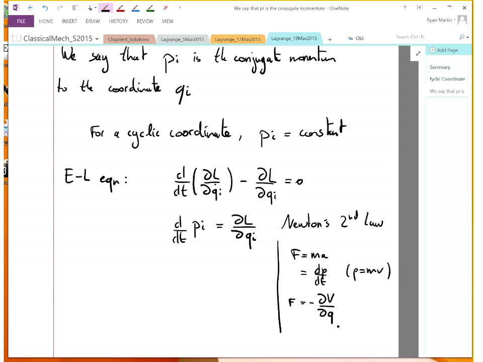So in this very specific case, since L equals T minus V, ∂T/∂q is usually 0, so ∂L/∂q is typically minus ∂V/∂q. And that's typically the force that you get from the potential. So the Euler-Lagrange equation, if we write it as such, you can see Newton's second law is just a special case of it. Which makes sense, right? It needs to be consistent with Newton's second law.